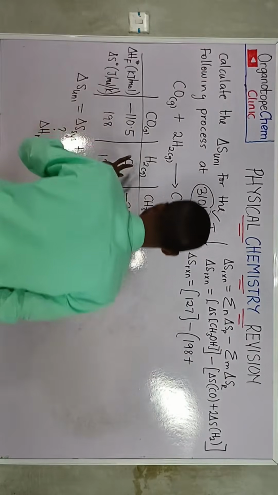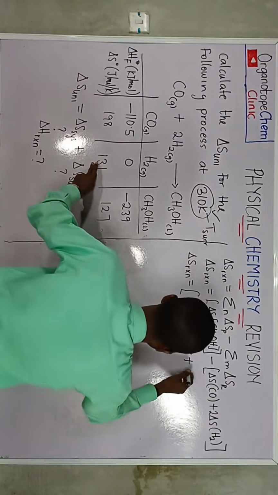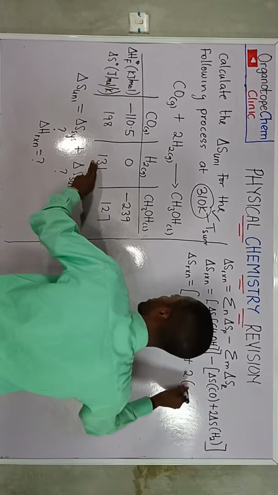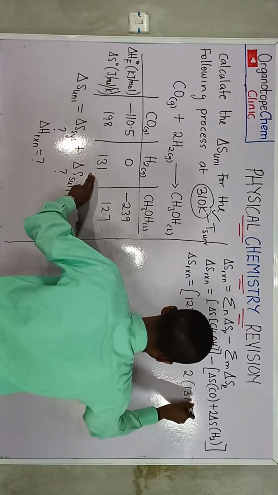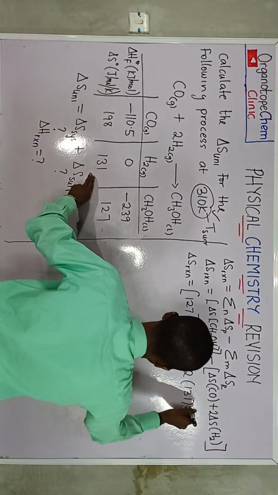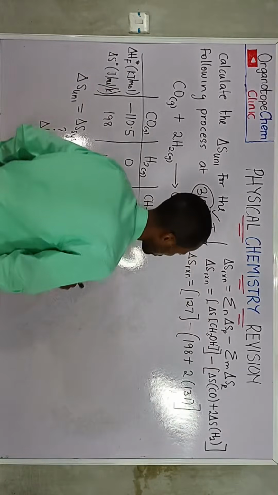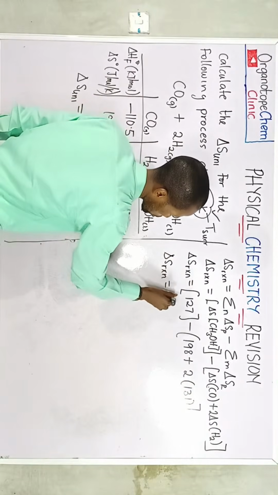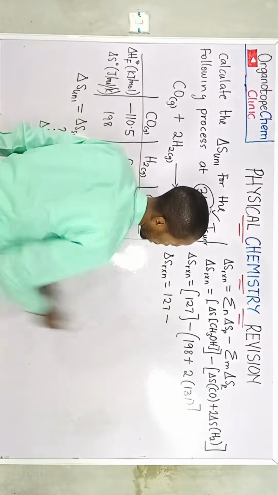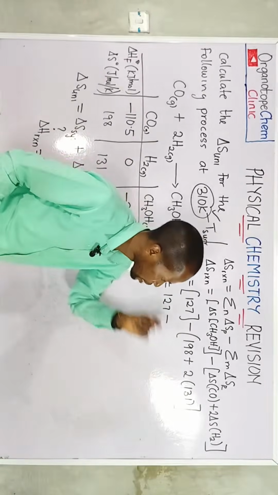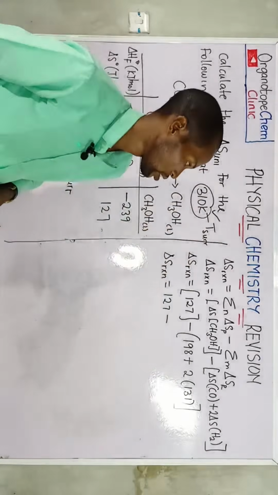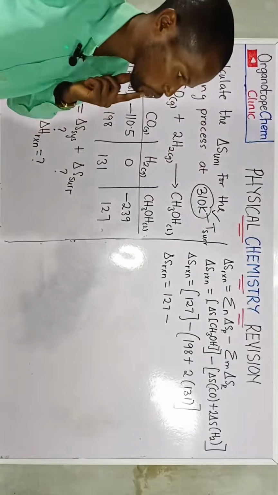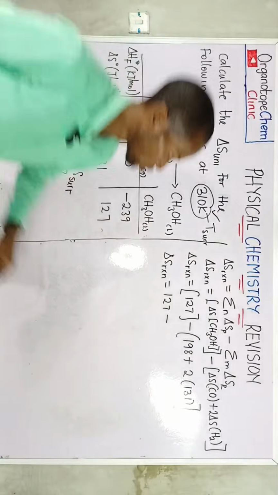Plus, what is the entropy of hydrogen gas? We have 2 times 131. So from here we have delta S reaction equals 127 minus 2 times 131, which is 262. Please confirm that.